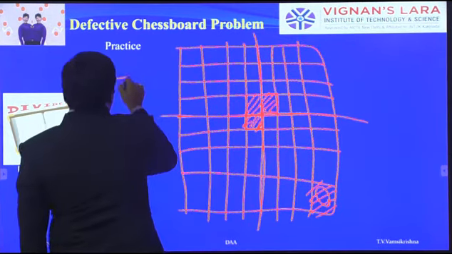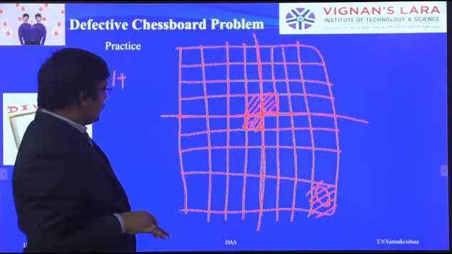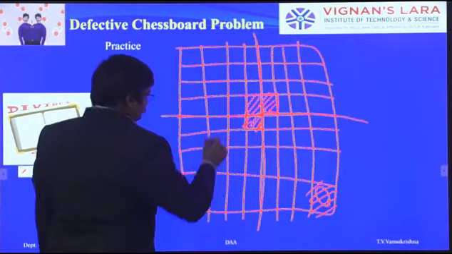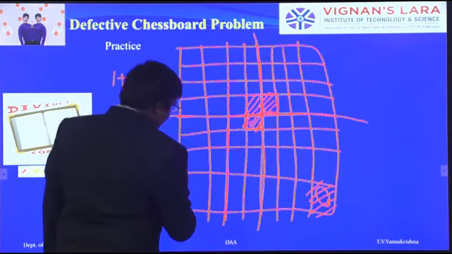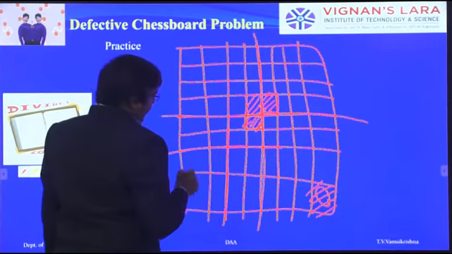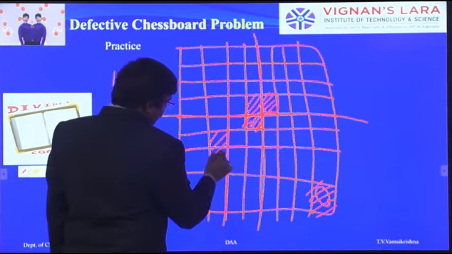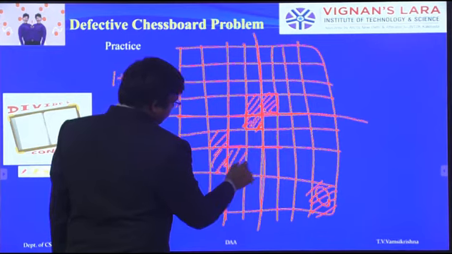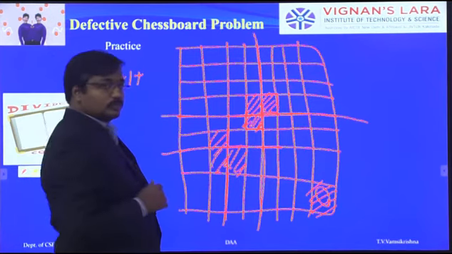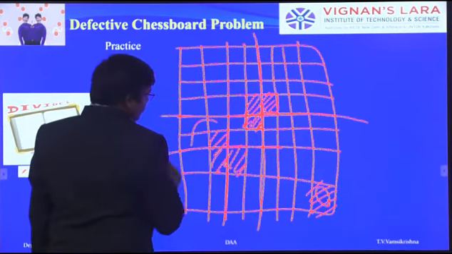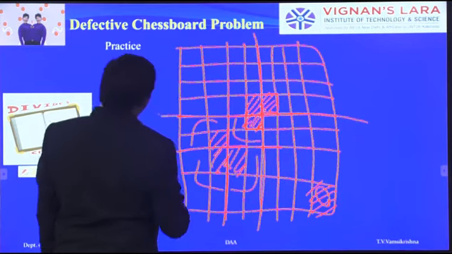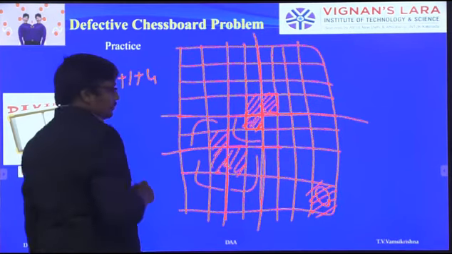Next, this problem is divided into 4 2 by 2 boards. Again here I have taken a defective tile, and this is one more. After that, this is one triamino, this is one triamino, this is one triamino, this is one triamino. So 4.